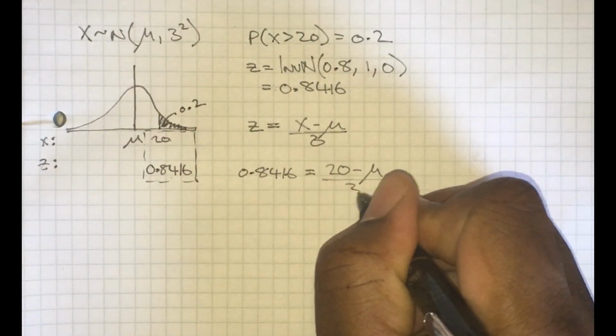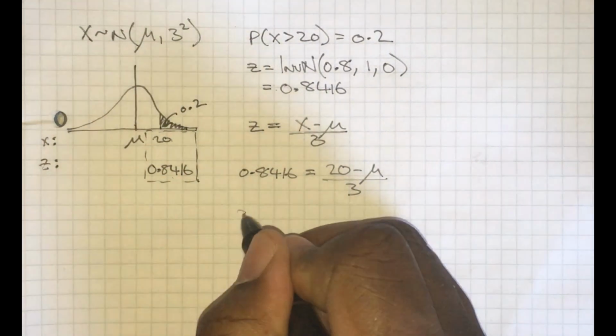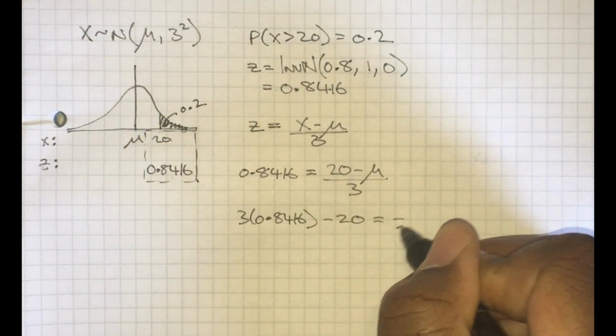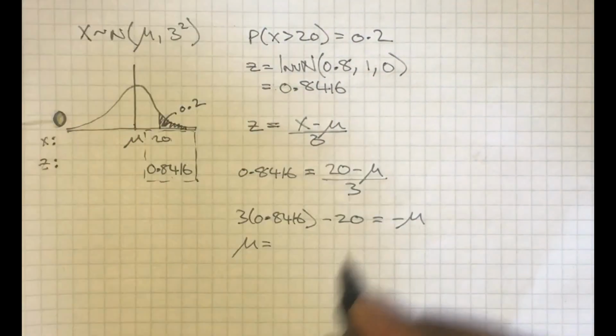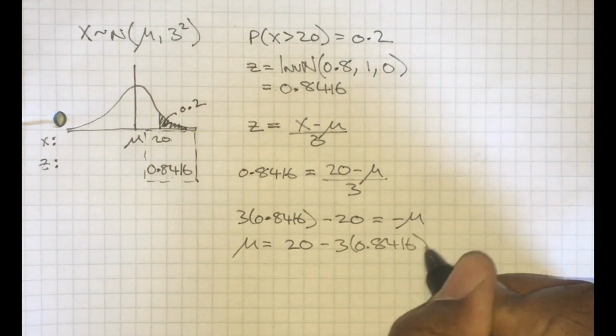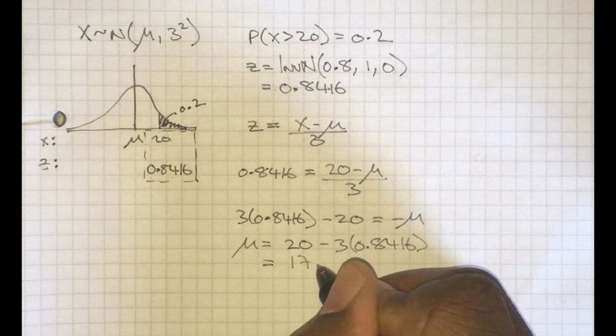We'll substitute in our z-score, we'll substitute in our x value. The mean is still unknown, but we were given sigma in the question. Alright, from here it's just a case of rearranging to make mu the subject, rearranging to make the mean the subject. And that gives us a mean value of 17.4752.